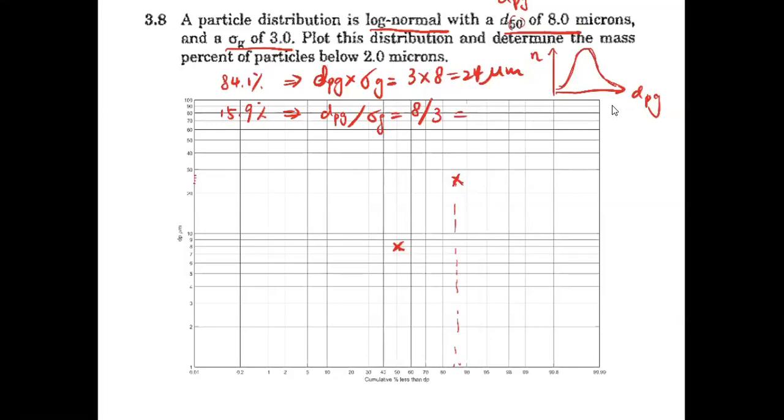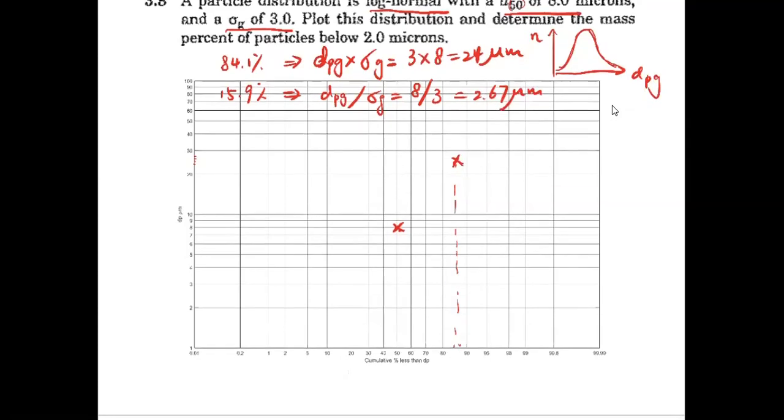I think that's basically 2.6 or 2.67 micrometer, right? That's somewhere here. All right. So with these 3 data points, we can draw a straight line. They should also follow a straight line here. Otherwise, it's not log normal distribution anymore. So you should probably use a ruler to do this.